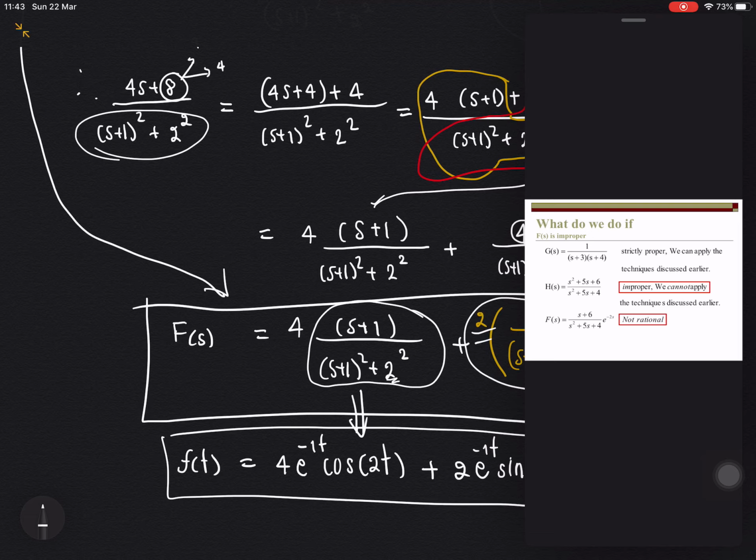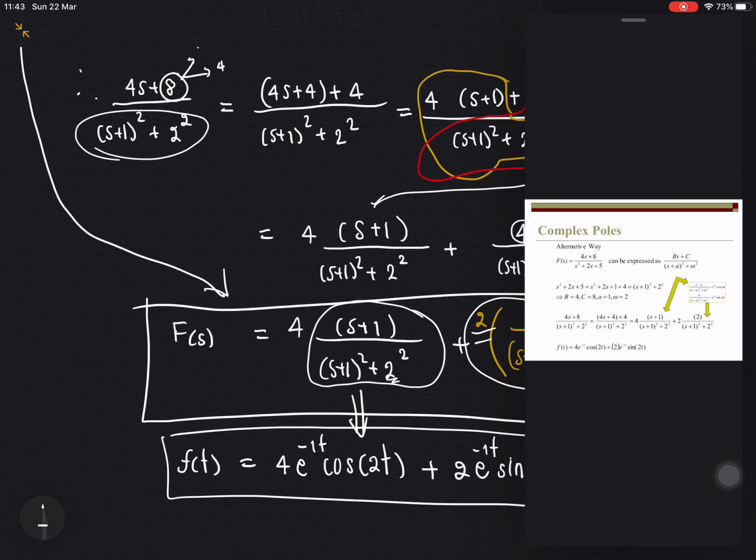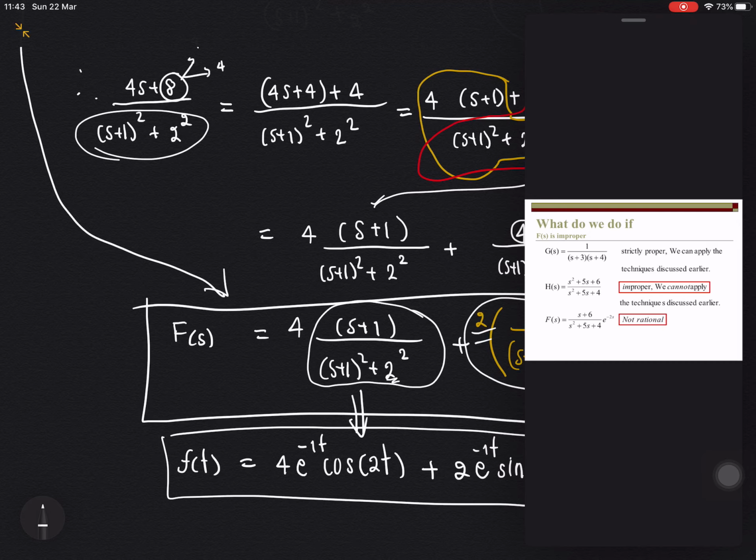But the HS function here, you can see that this is the improper function because the degree of the numerator and the denominator are the same. So we cannot apply the technique that we discussed earlier. We need to make that function to be the proper function first.